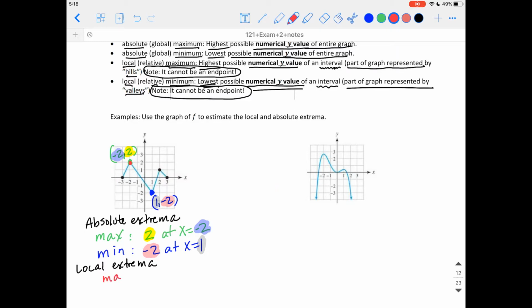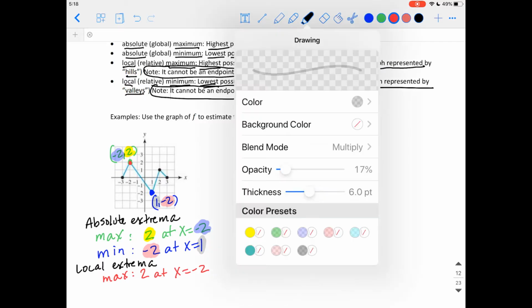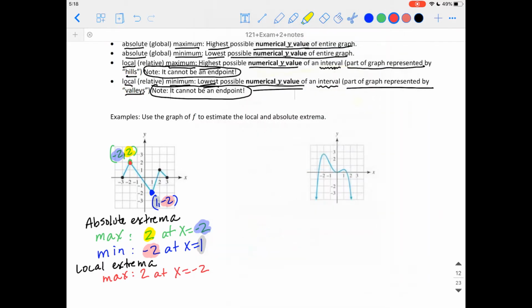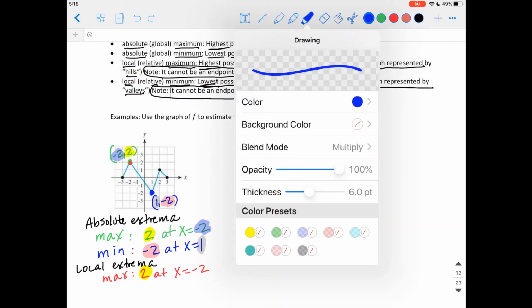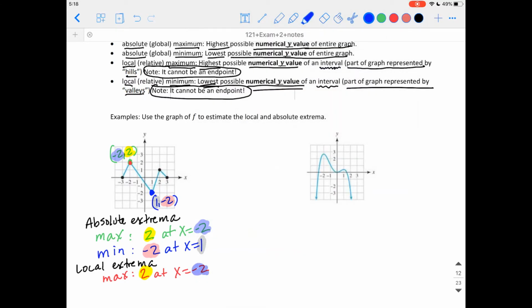So it's gonna be a max of 2 at x equal to -2. And I'm still gonna highlight it with the same colors. That's not the same color. Why it changes it, I don't know.